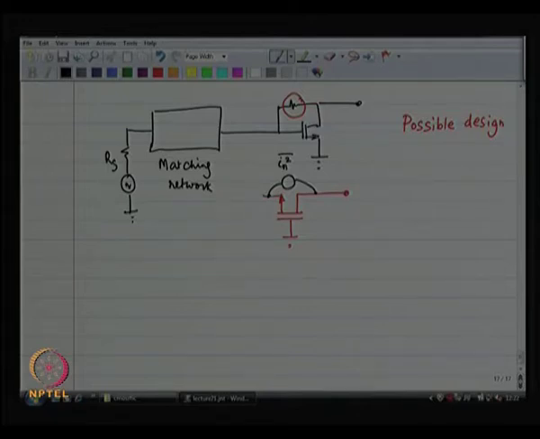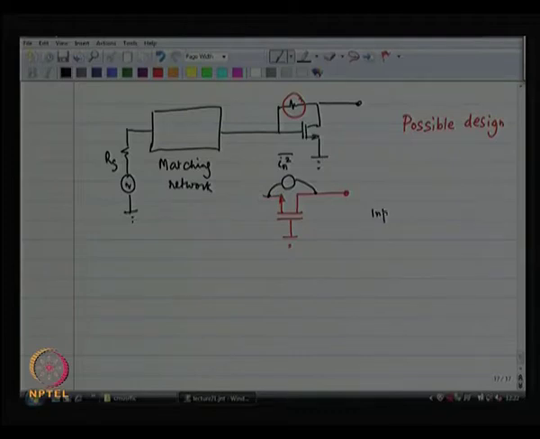This particular channel noise is going to go into the source resistance directly, right, which means that your total input referred noise is going to become proportional to GM. Okay, this is not something which is very desirable.